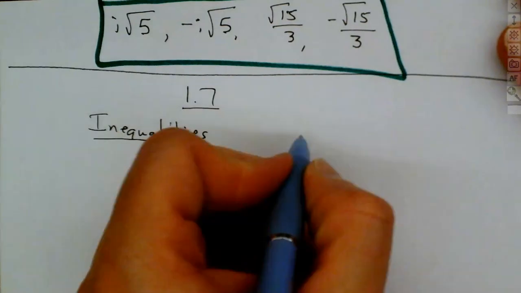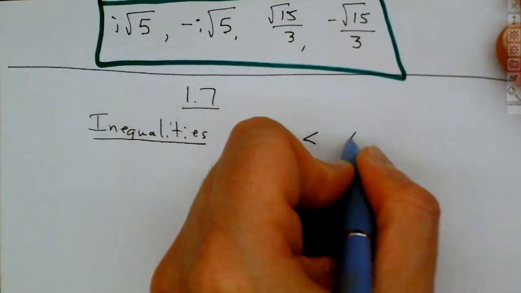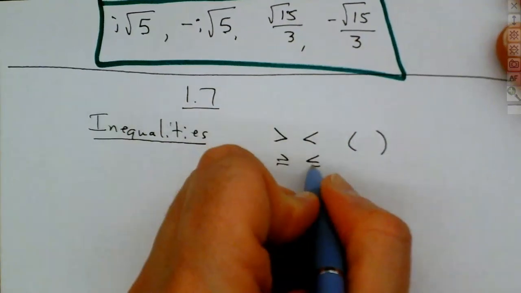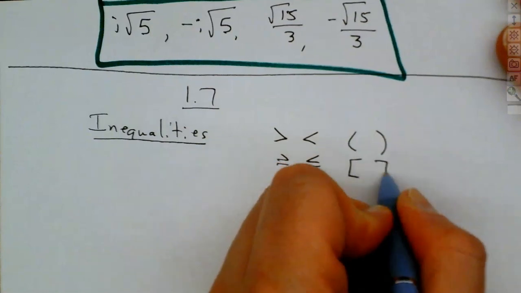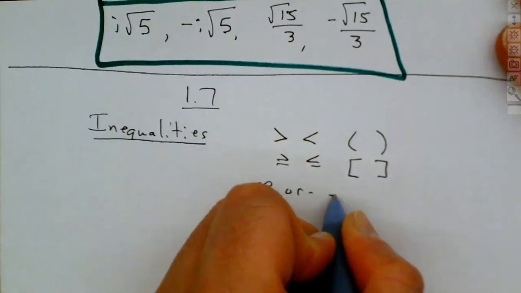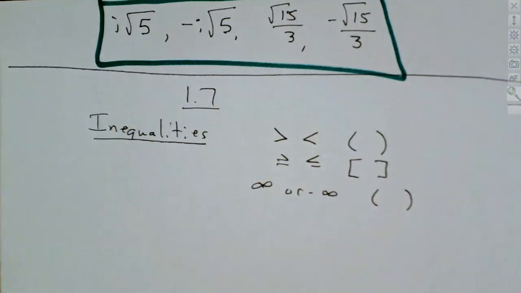Inequalities, when we go to graph them on the number line, strictly greater than, strictly less than, those get parentheses. Greater than or equal to, less than or equal to, those get our brackets. And positive or negative infinity is also going to get parentheses. So this is a very easy concept.